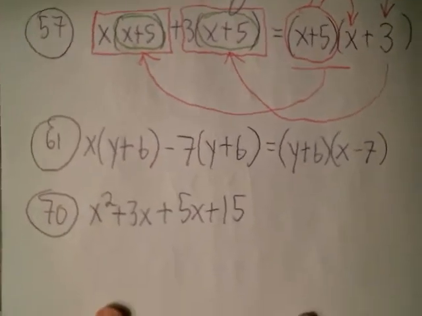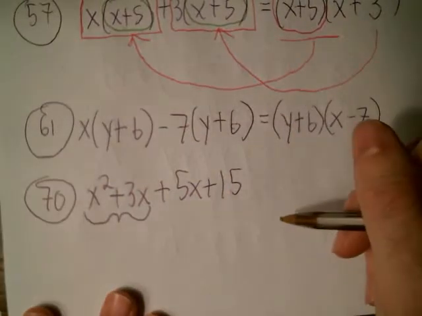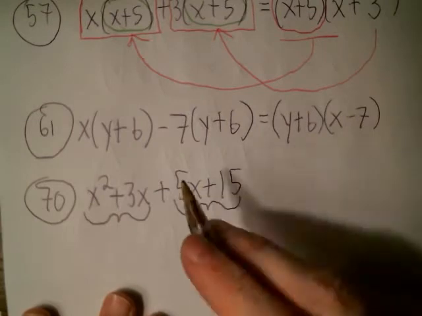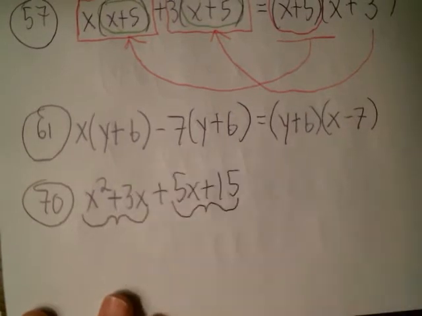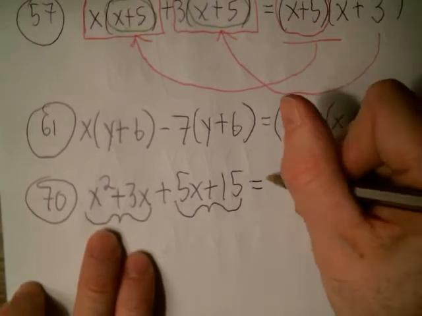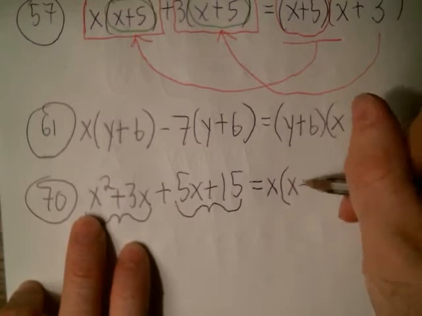And how do I do that? Well, I'm going to factor the GCF out of those two, and then I'm going to factor the GCF out of those two. And I hope they'll have a common binomial. So what do I got then? Factor the x out of the first two. That'll leave me with x plus 3.